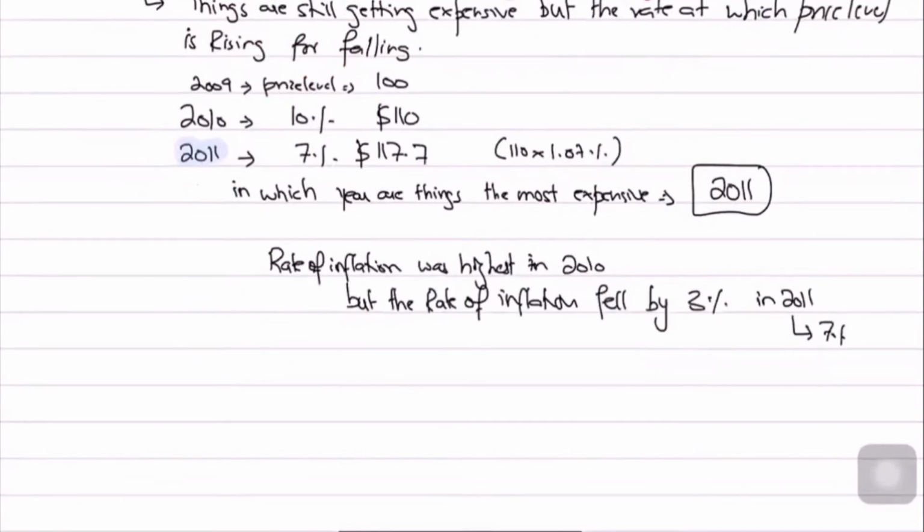So this is known as disinflation. Now, just because the rate of inflation fell, that does not mean that things became cheaper. Just because the rate of inflation fell, guys, this does not mean that things became cheaper. The rate of inflation has fallen. Still there is inflation. You need to understand that.